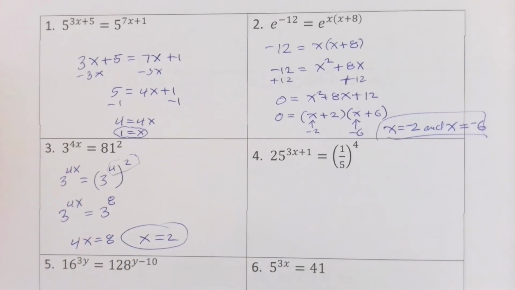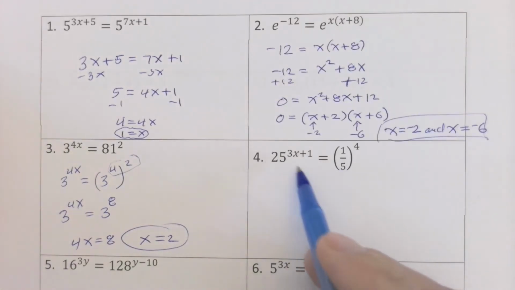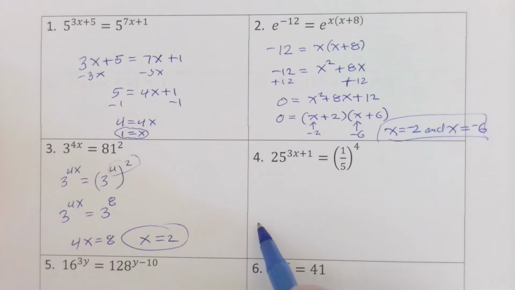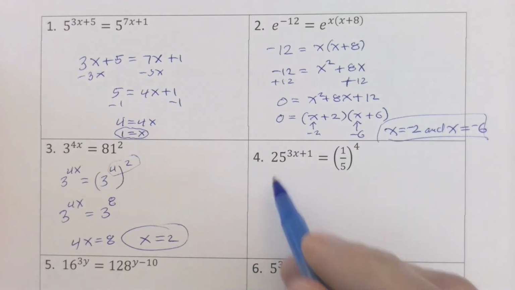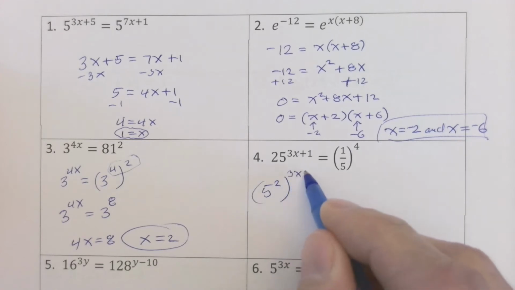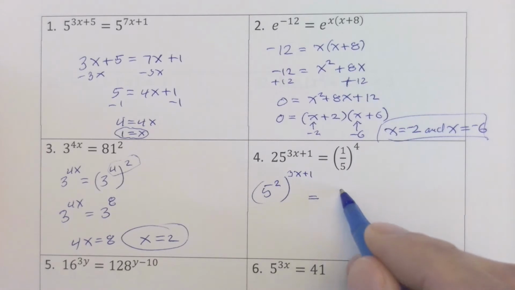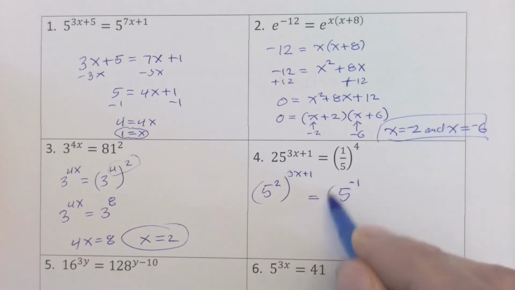Problem 4 requires something similar, but you have to do it actually on both sides. Both of these powers have bases that have something to do with 5. 25, for example, is 5 squared, 5 times 5. And on the right, hopefully you recognize 1/5 as 5 to the negative 1 power.